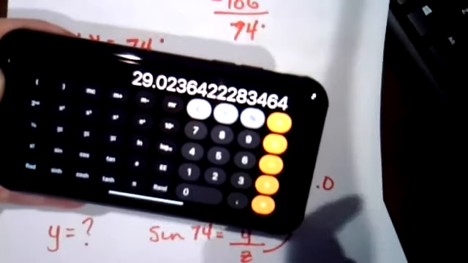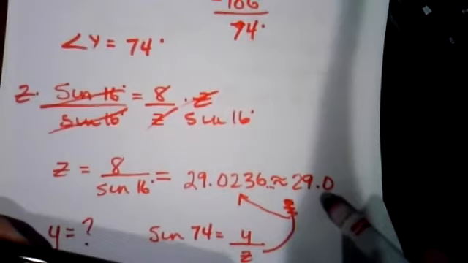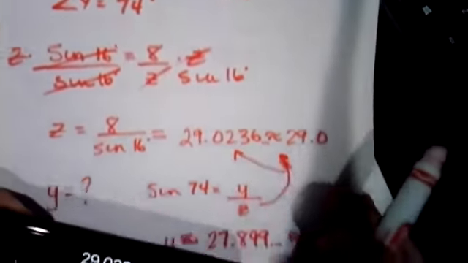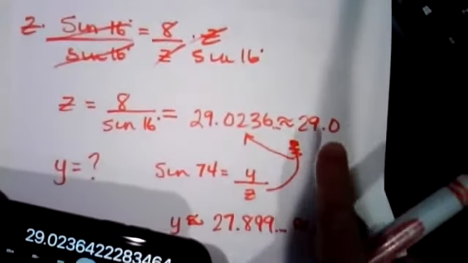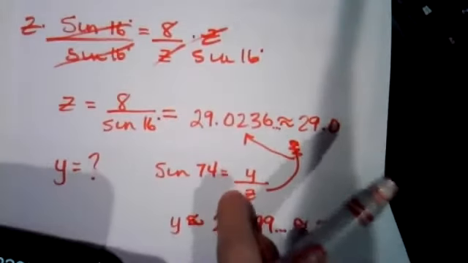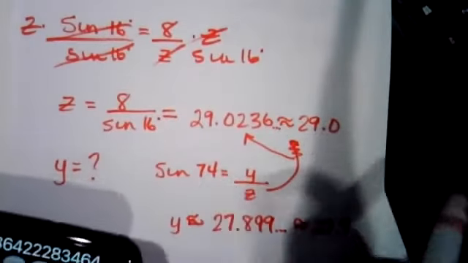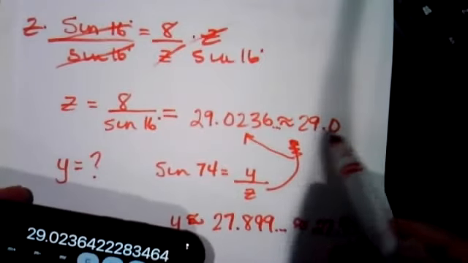It says round the lengths to the nearest tenth. So we rounded to 29.0. But remember this, when you have this one rounded, don't use your rounded formation in your other formula. Okay, sorry, I pointed up here and I didn't want you to get confused and use the rounded.